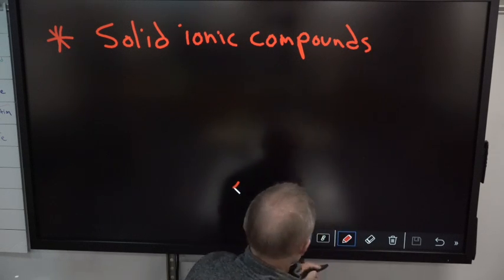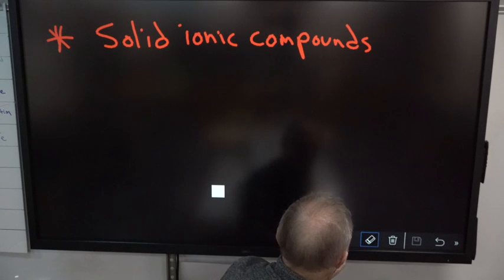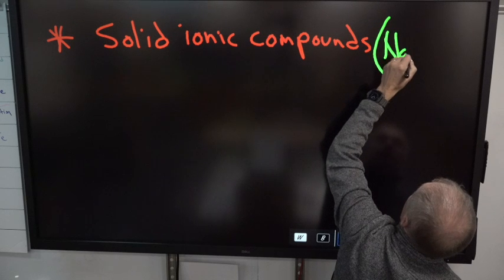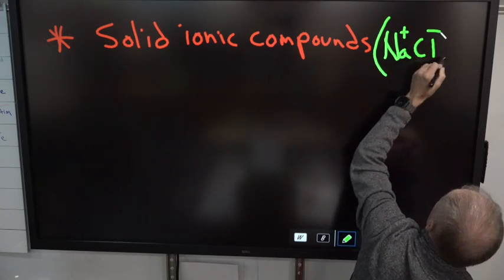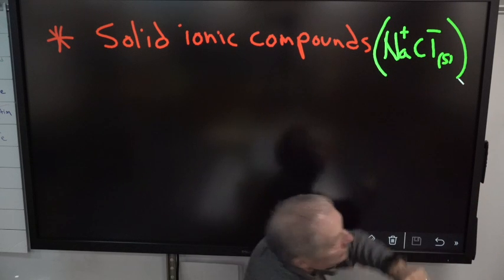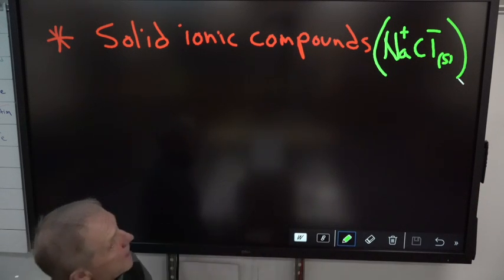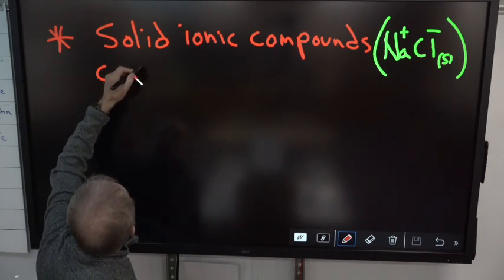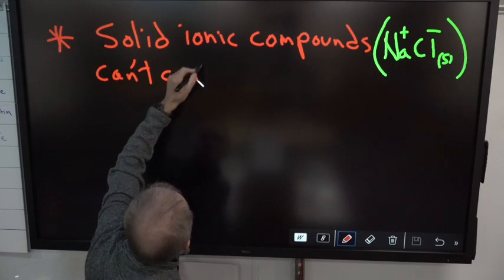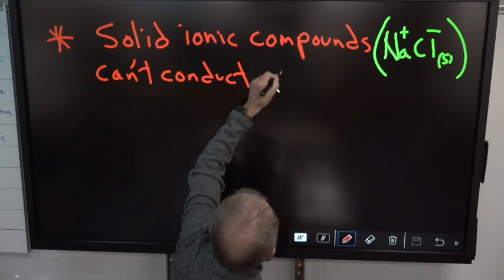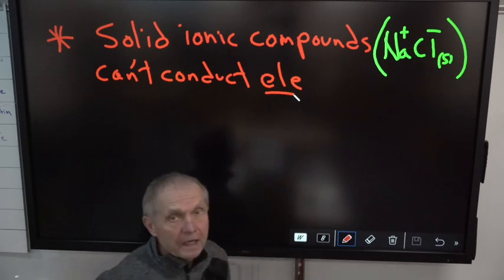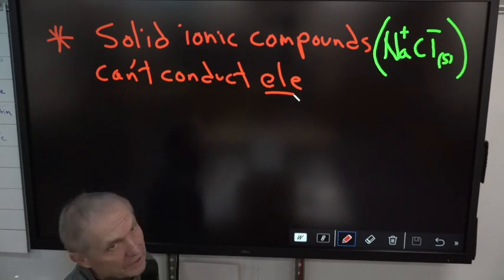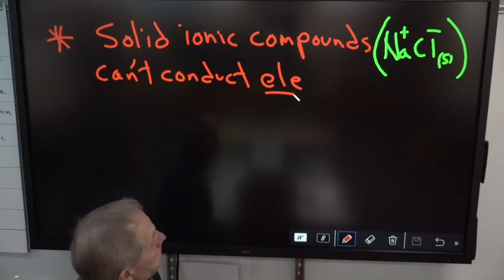Solid ionic compounds, such as Na plus Cl minus (s). Remember, the s stands for solid. Solid ionic compounds can never conduct electricity. Ever, ever, ever. Never conduct electricity. Okay? Now watch.